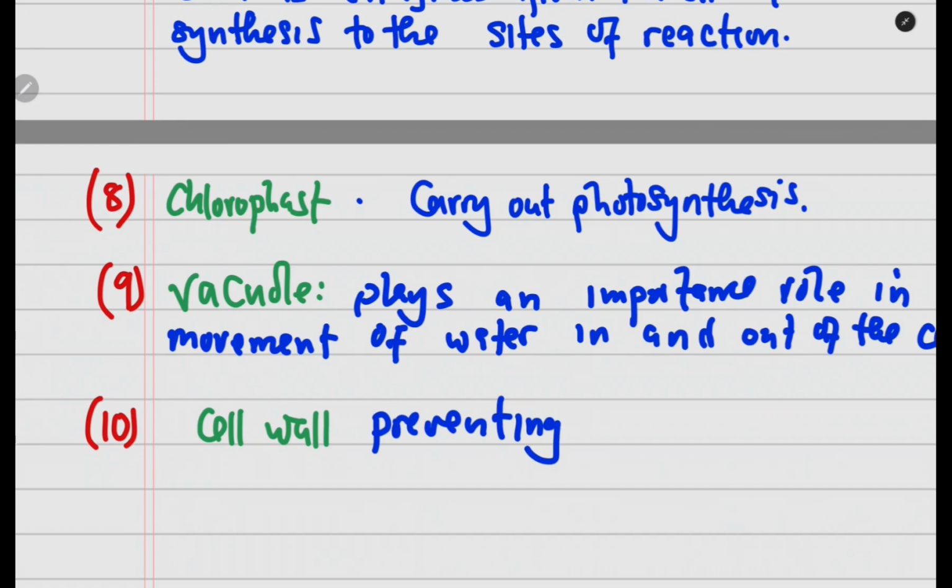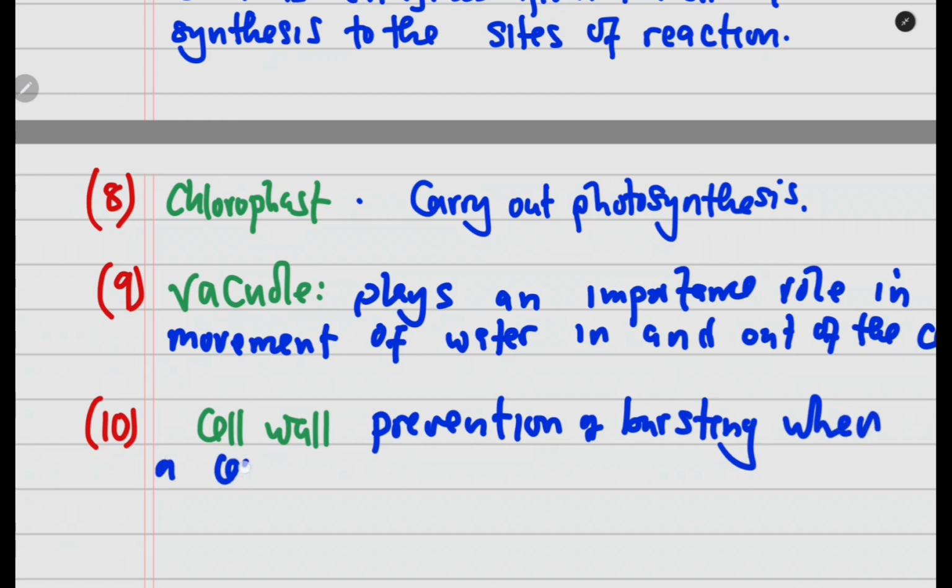Prevention of bursting when a cell takes a lot of water. So that is the function of the cell wall.